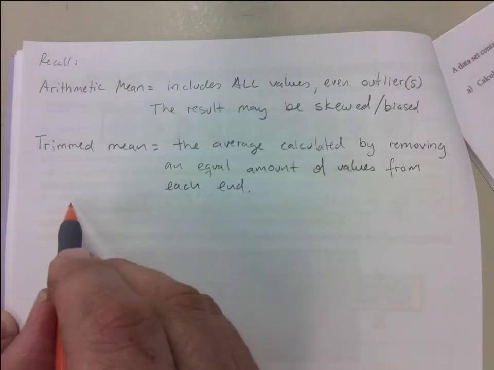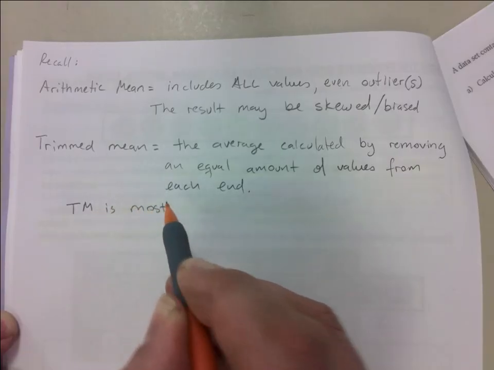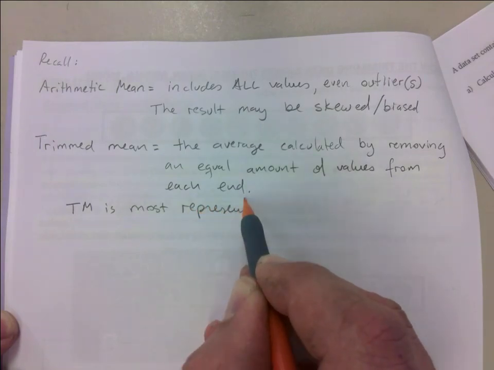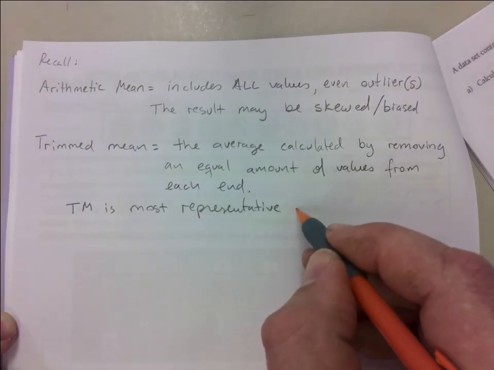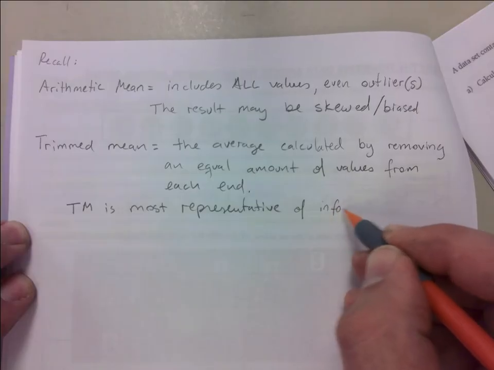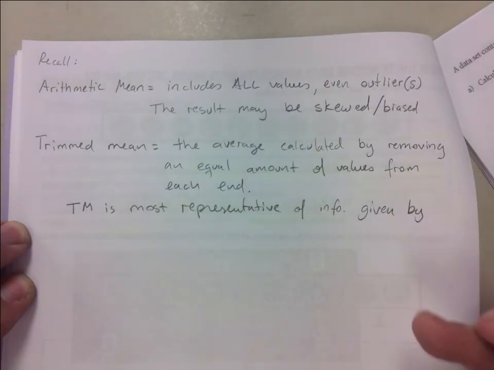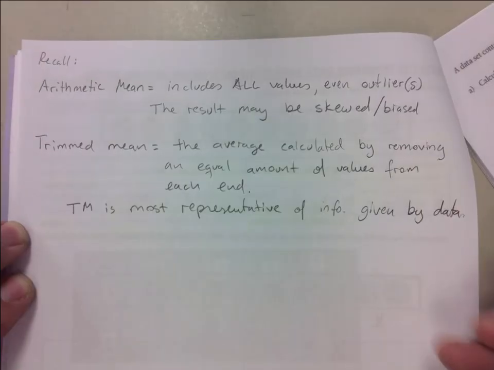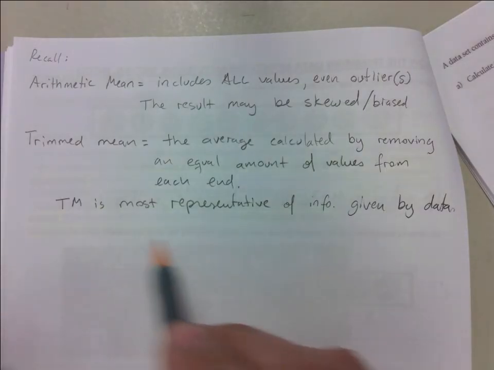The trimmed mean is most representative of information given by data. Okay, it removes bias.